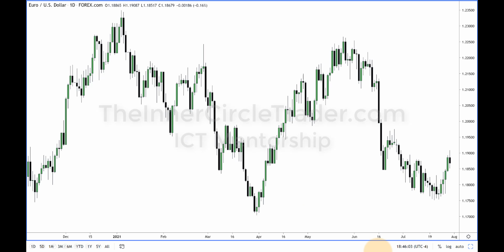Euro dollar daily chart. Yeah, this one, like I said, it's summer months. It's being really heavily manipulated, held in consolidation. I haven't really given up hope on the relative equal lows over here, which I don't have on the chart, I apologize. I think that they're going to probably get swept.